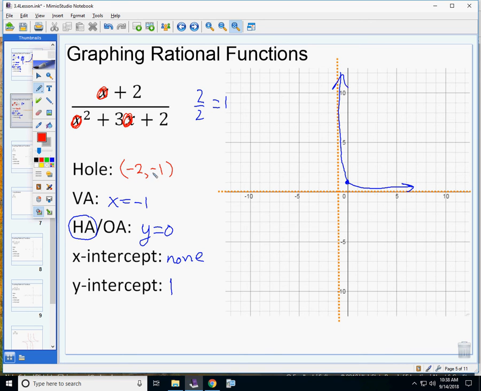And we also notice that we have a hole at negative 2, negative 1. So we have a hole right here, which means that our graph is in this bottom left corner as well. So there's the graph of our function with the hole at negative 2, negative 1.